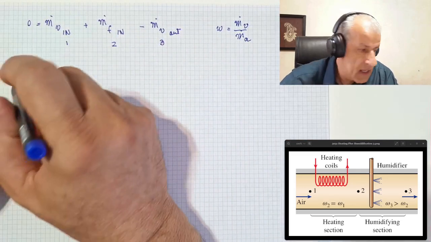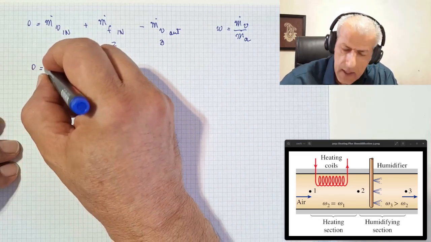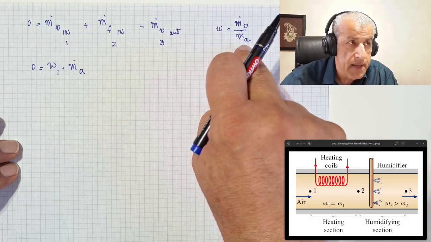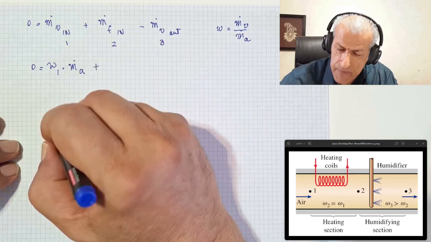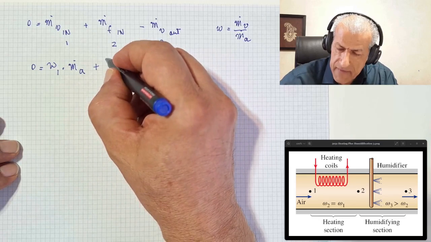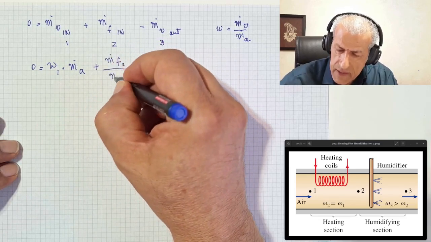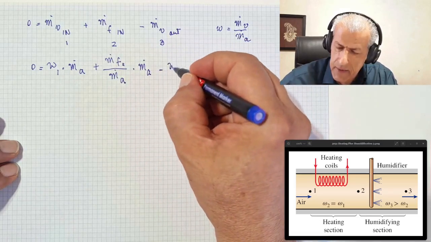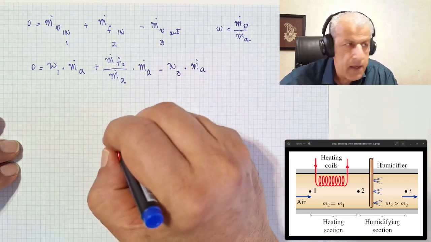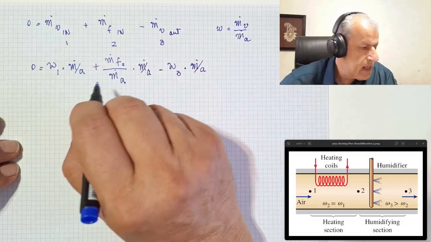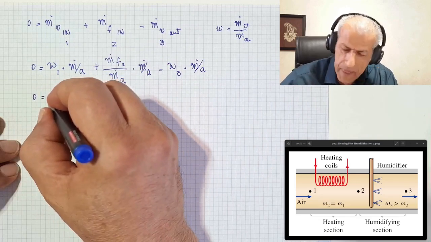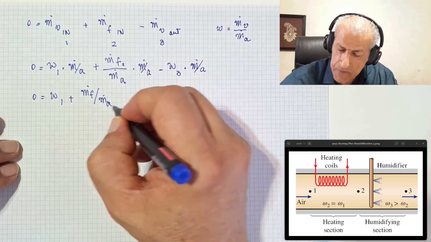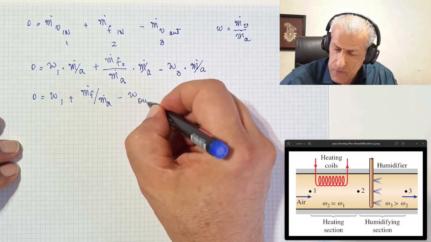And so if we put it in this equation, 0 would equal W1 times m dot A, and here we could write m dot F2 divided by m dot A and times m dot A, and minus W3 times m dot A. Of course, m dot A cancels out from this equation, and 0 would equal W1 plus m dot F over m dot A minus W3.